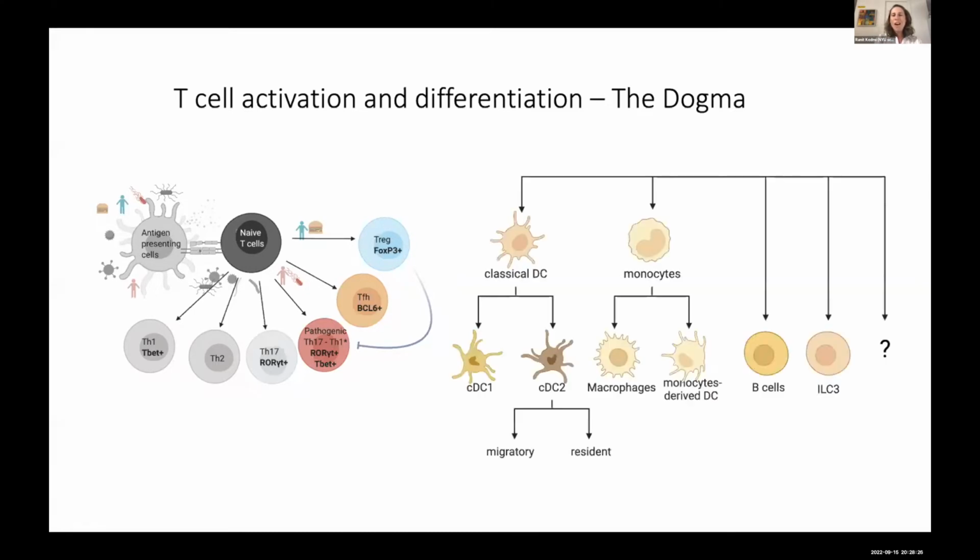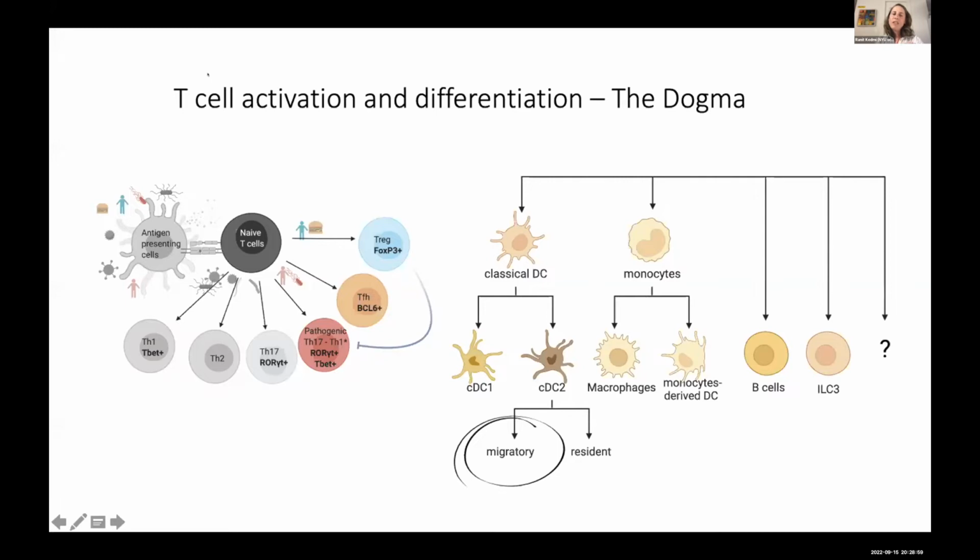While there are many types of antigen-presenting cells, many studies done before established the dogma that the antigen-presenting cells that initiate all the different CD4 T cell programs are the classical dendritic cells. Especially, it was shown that migratory cDC2s, which are a subset of classical dendritic cells, initiate the Treg program.